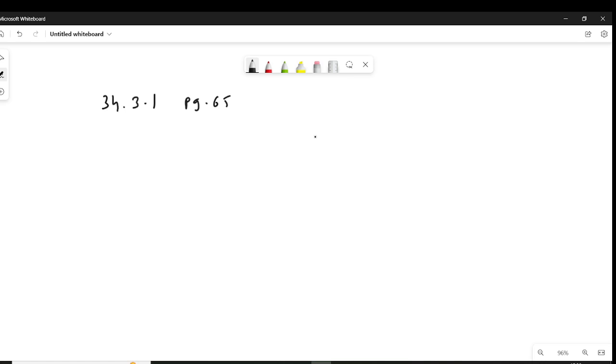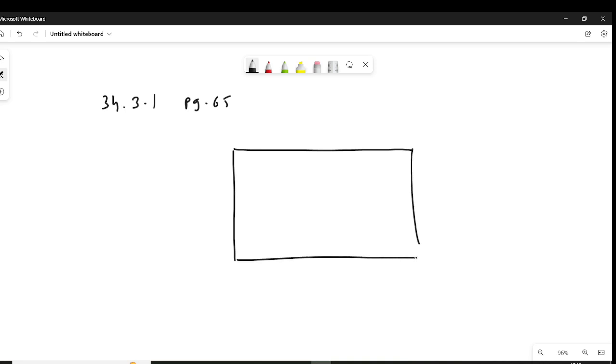So spacing in the longer direction is easy. We already have determined the spacing of the reinforcement in the longer direction. The guidelines in IS 456-2000 are only with respect to the spacing of the reinforcement in the shorter direction. So what they say, this is the plan of the footing.